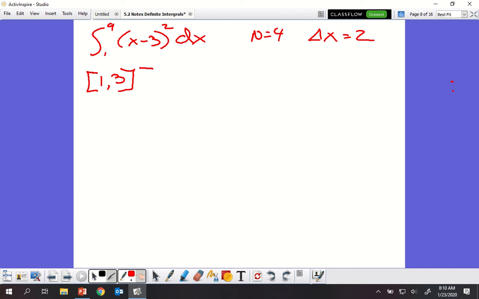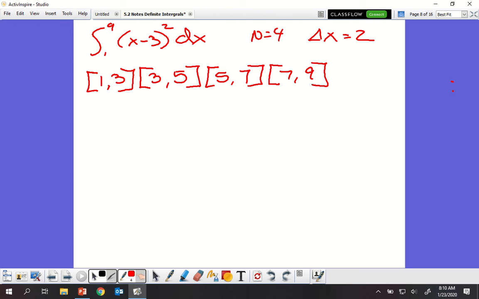My second interval starts at, and it goes to. Next one starts at, and it goes to. And my last one starts at, and it goes to. There is my 4 intervals. Those are the x values of the left side and right side of each one of my rectangles.